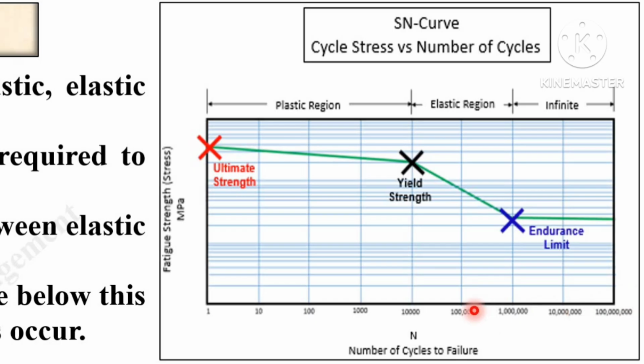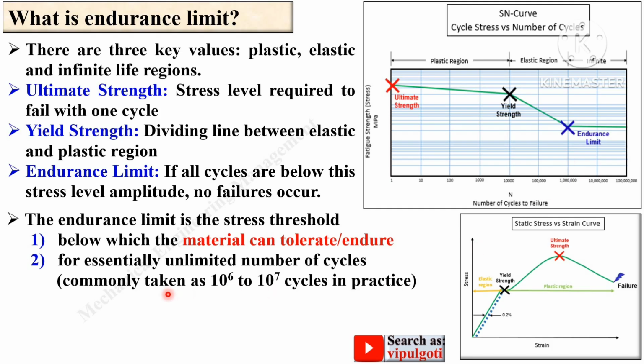That means for an infinite number of cycles the material can withstand that stress limit without failure. Generally, the infinite number of cycles is commonly taken as 10 raised to 6 to 10 raised to 7 cycles without fatigue fracture. So if there is a fatigue load, then endurance limit will be in the picture.